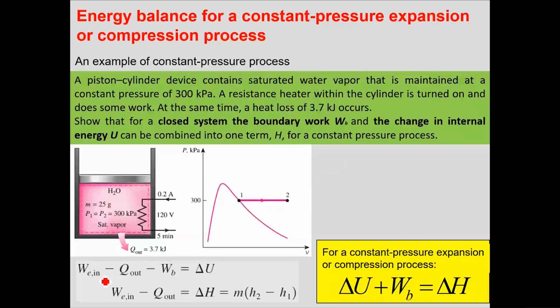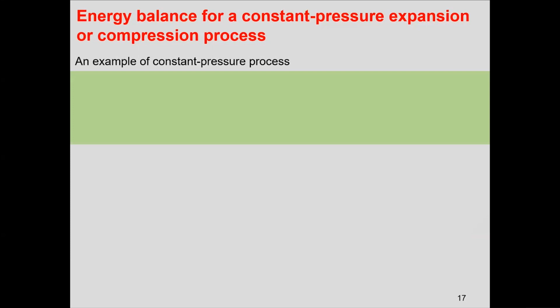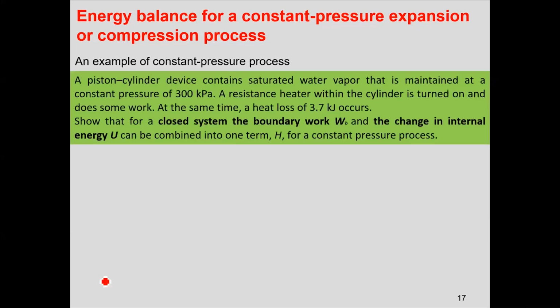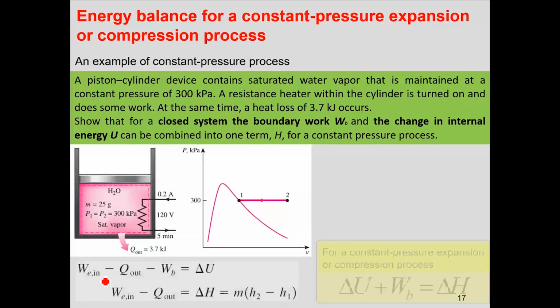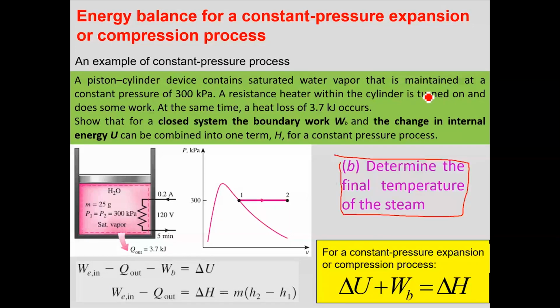Now once you have this done, the next thing is that for the data given to you, you have to determine the final temperature of the steam. This is your system. Initially your system exists as saturated vapor at 300 kilopascal.